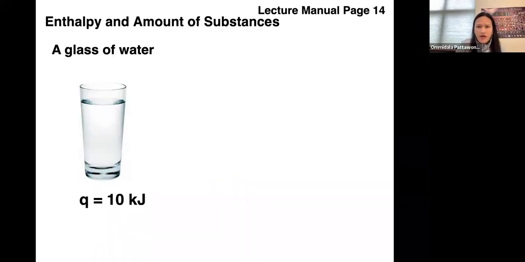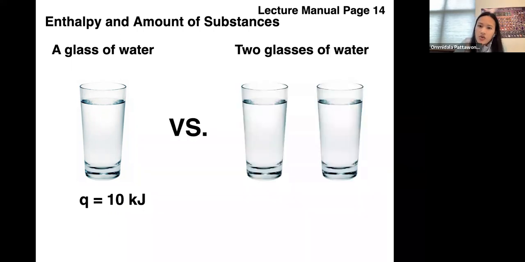Think about this before we do anything else. If you have one glass of water that requires 10 kilojoules to heat, for example, I just made up this number, what about if I have 2 glasses of water? If I want to heat these 2 glasses of water, how much heat do you need to input?